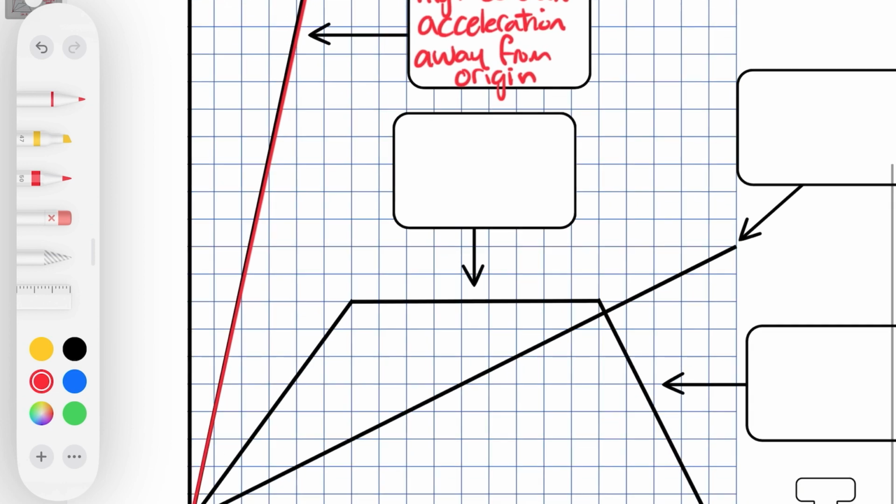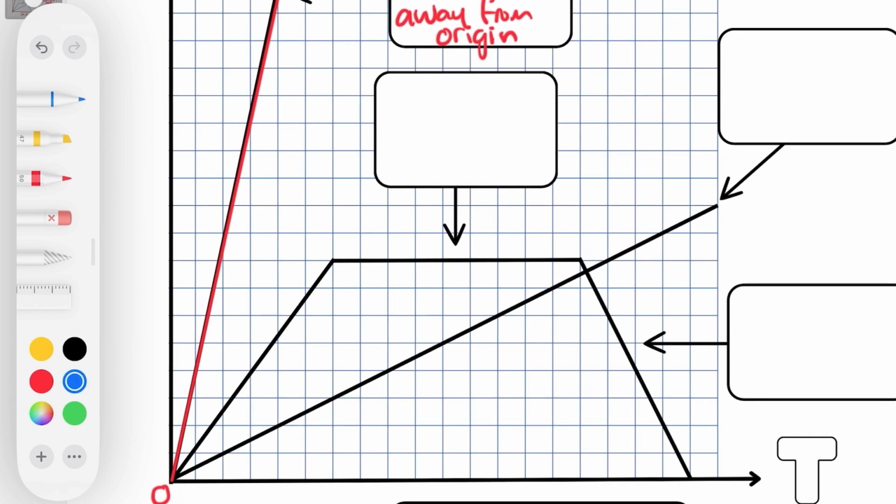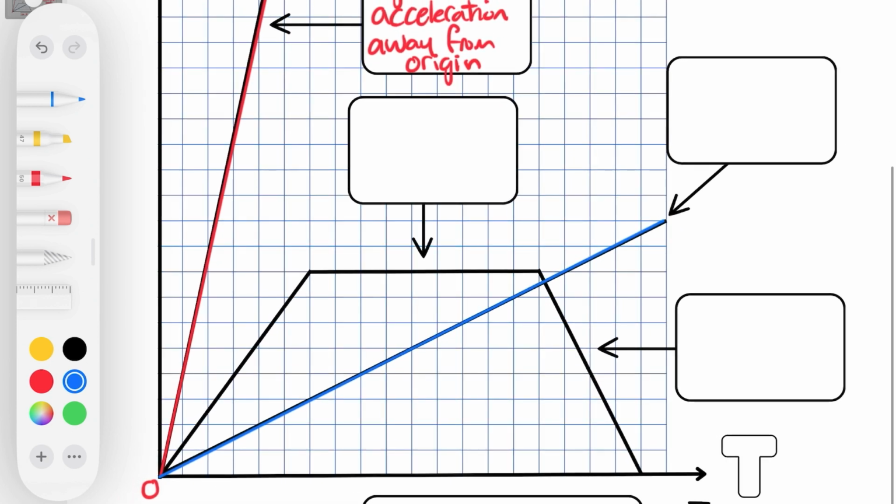Now if we just go to this line here, which we're going to put in blue, here we can see an example of a lower constant acceleration. Now, remember this is all comparative. I'm calling this one high because it's the highest acceleration. Compared to a jet engine, it might be very low, but we don't have any numbers, we don't have anything else to go off, so we're comparing the lines to each other.